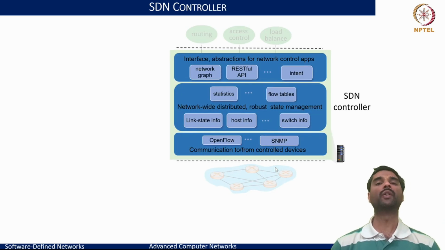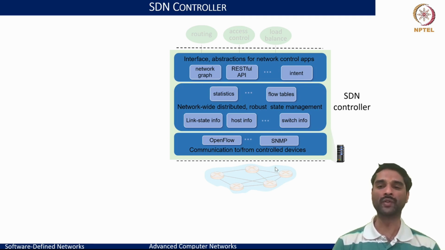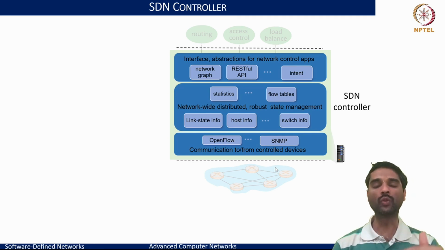So let us look at some of the SDN controllers, what in general they would encompass, and a few of the most well-known SDN controllers. When we think of an SDN controller or a network operating system, think of it as two specific layers. Just as any operating system, it would abstract out the hardware details, and in this network operating system, it would abstract out the details and characteristics of the networking devices.